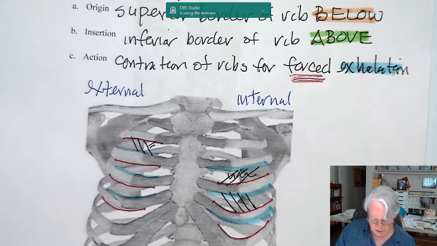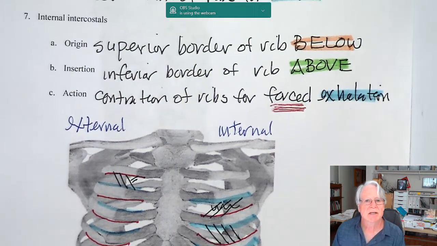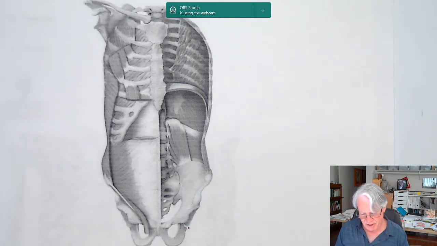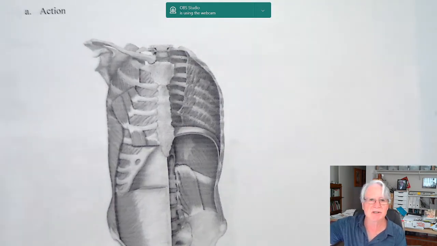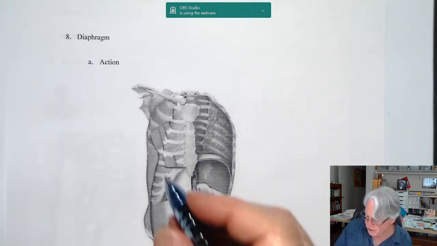Okay. The last muscle we're going to do in this session is going to be the diaphragm. And for the diaphragm, we only need the action. The action is inhalation.